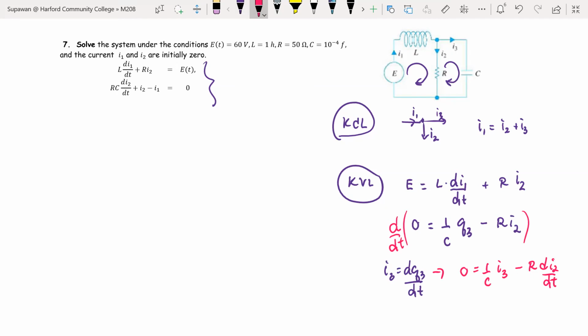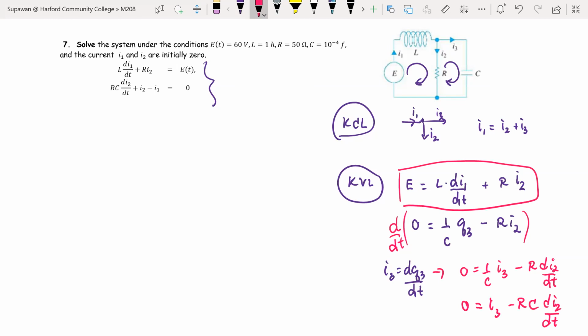And next, what we have to do is rearrange the terms and substitute with the values. Now the second equation here, after we multiply all by C, we will get 0 equals I3 minus R times C times the rate of change of I2 with respect to T.